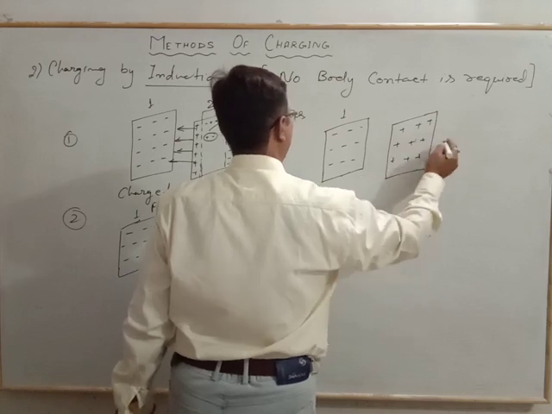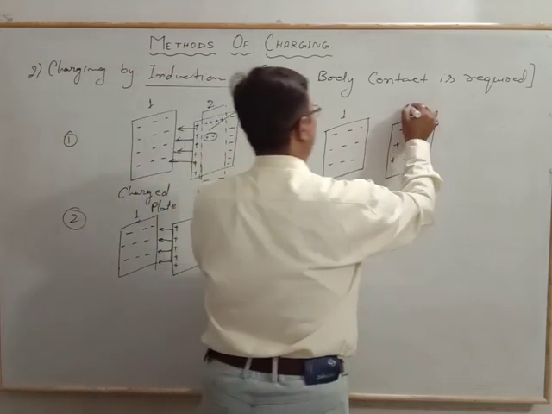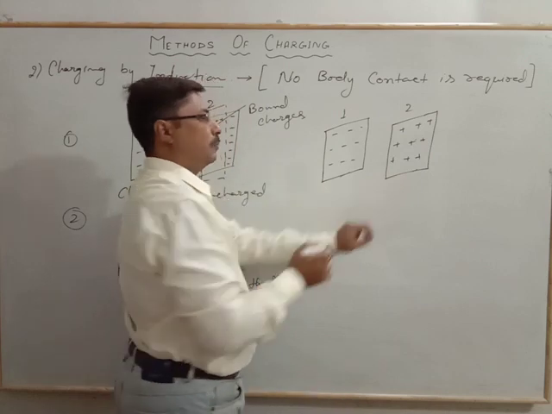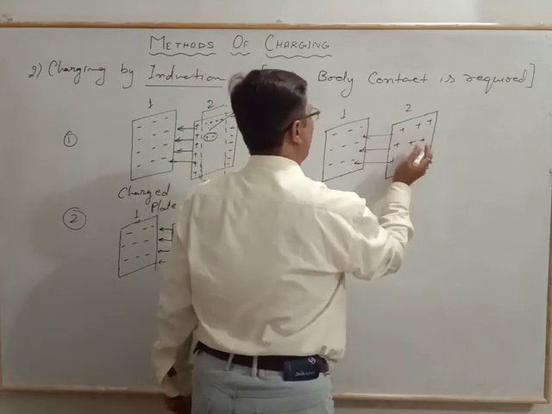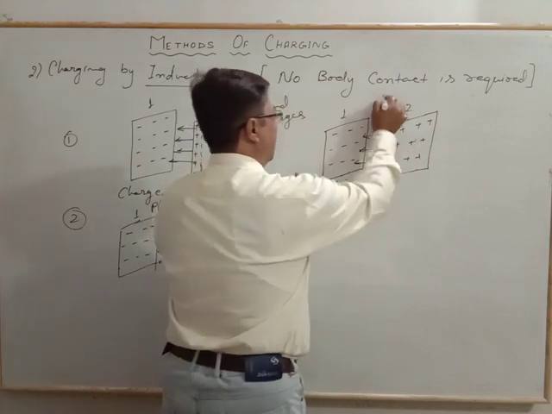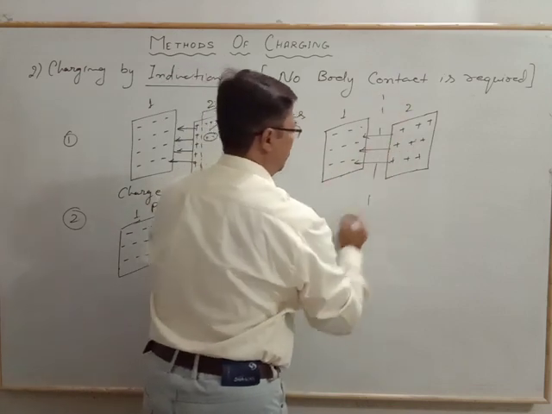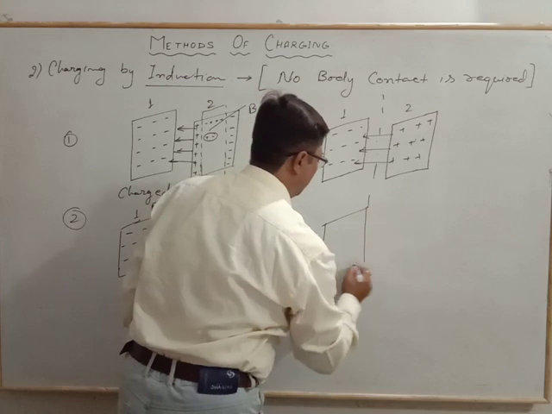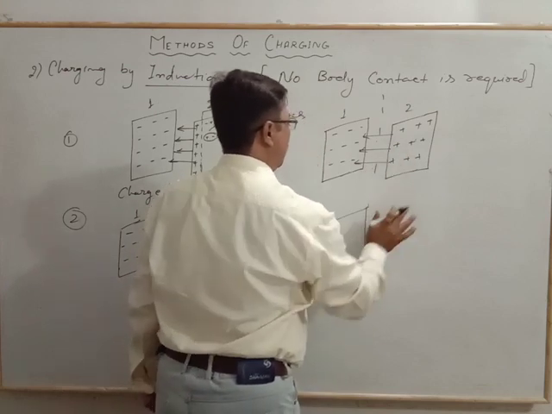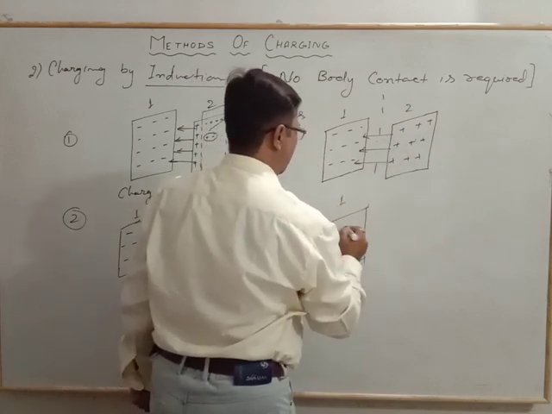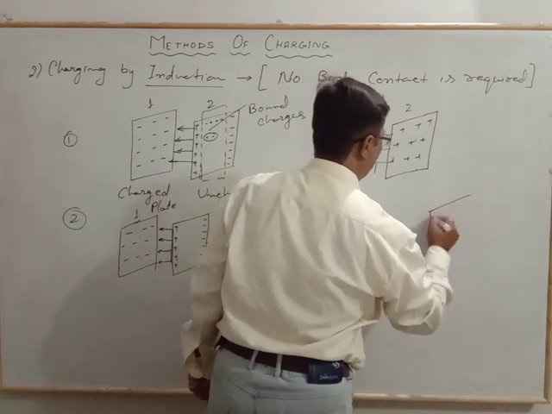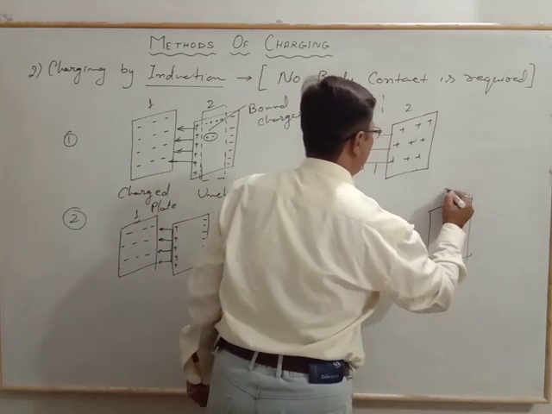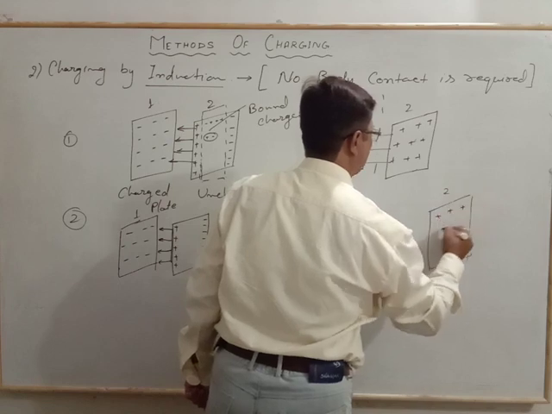And in this way we can say that plate 2 gets induced by the opposite charge, and there is attraction. When we remove both the charged plates, the one with the negative charge, and the other way, plate 2 acquires the positive charge.